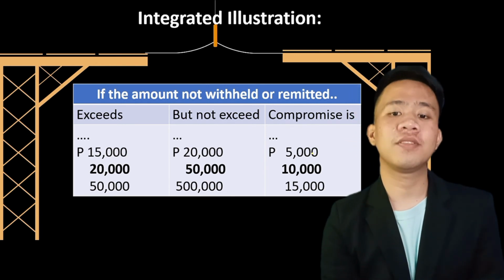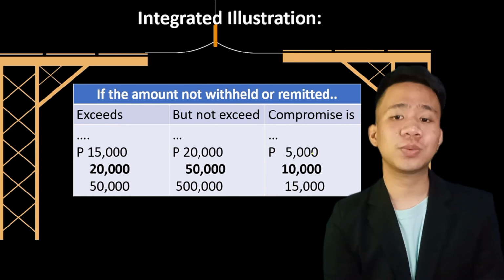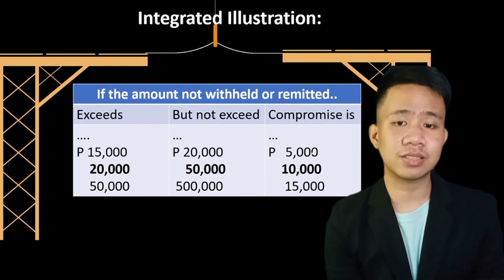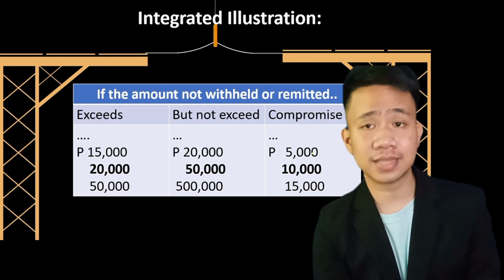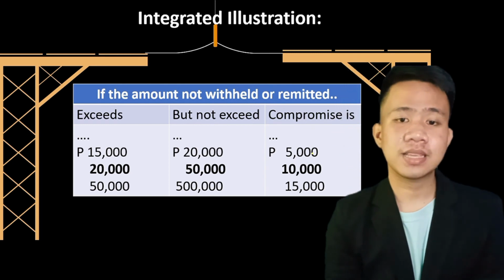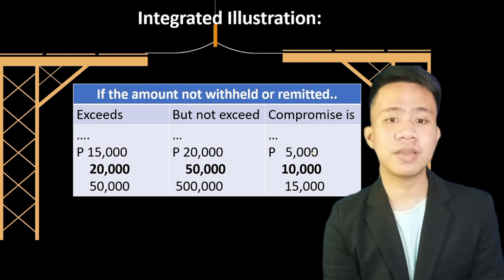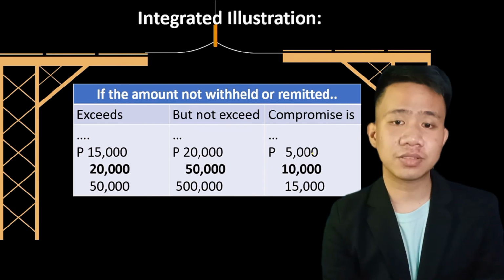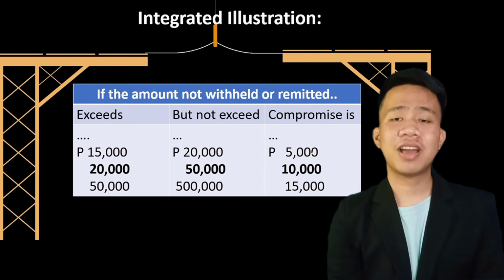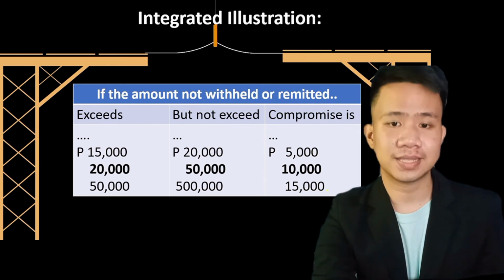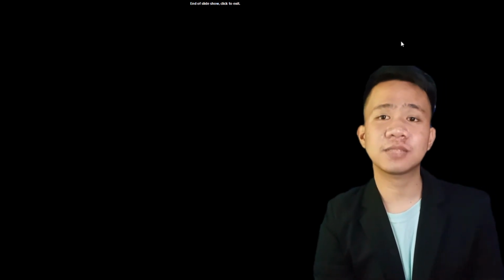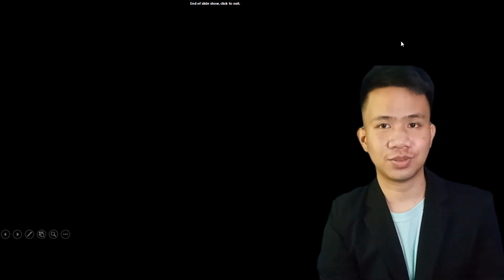But if the amount not withheld or remitted exceeds 20,000 pesos but does not exceed 50,000 pesos, the compromise is 10,000. Lastly, if the amount not withheld or remitted exceeds 50,000 pesos but does not exceed 500,000 pesos, the compromise now is 15,000. So that ends my discussion and explanation on the withholding rule.